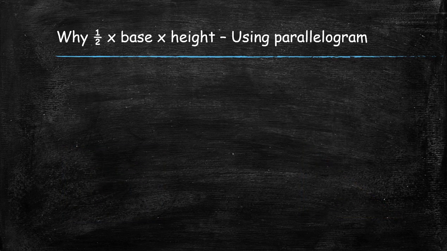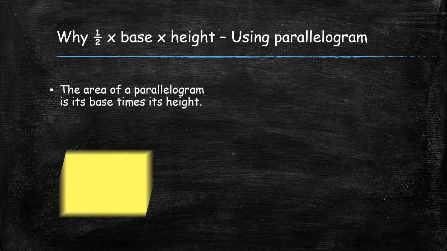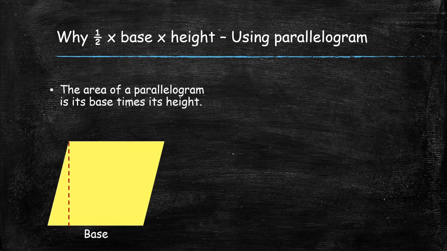Why half into base into height using a parallelogram? This time using a parallelogram we will learn how the area is half into base into height. Consider a parallelogram. The area of a parallelogram is given by base into height. Consider splitting the parallelogram along the diagonal. We know that the diagonal divides the area into two equal halves, that is two triangles.